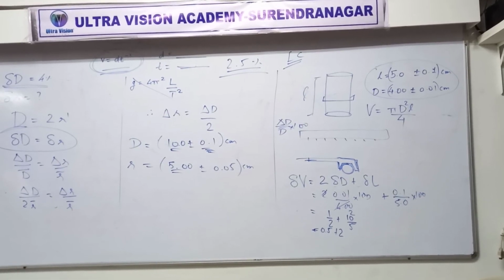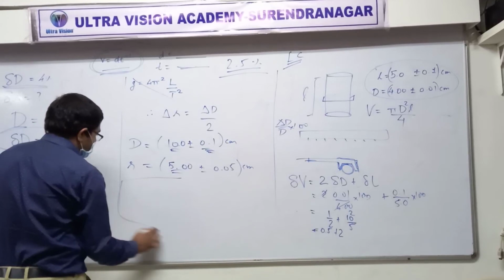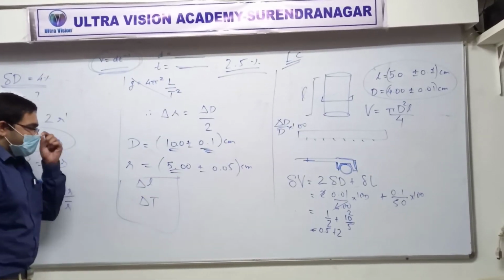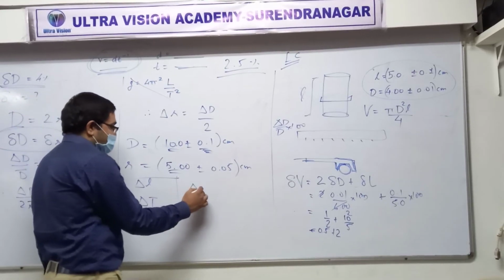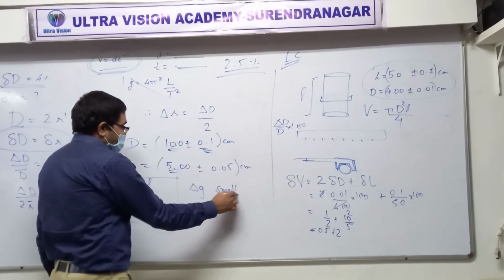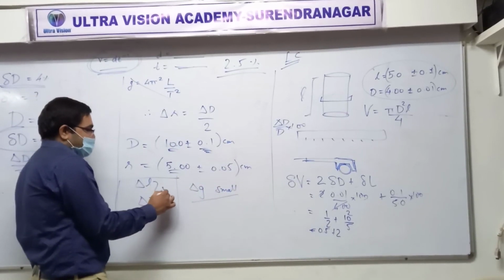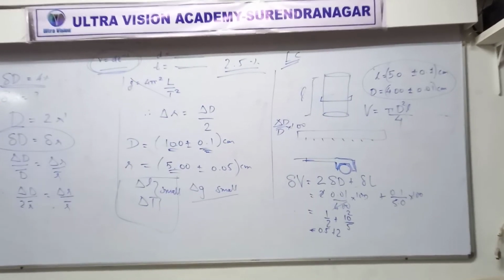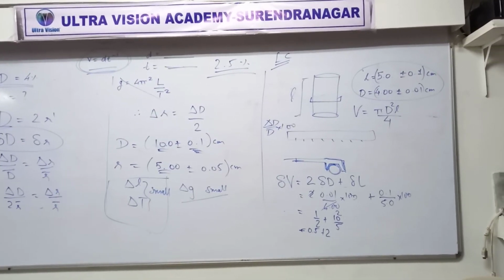4 is a number, pi square is a number. Understood what I said? So we have to basically look for two things here: error in length and error in time. And if you want error in g to be small, then do you realize that these two should also be small? Is the link clear to you?